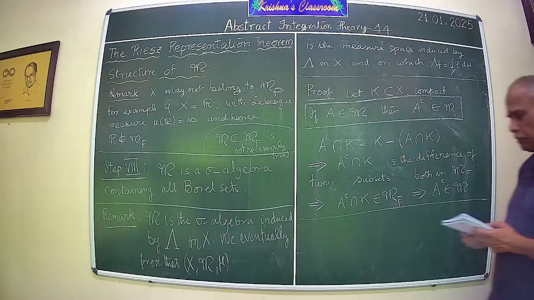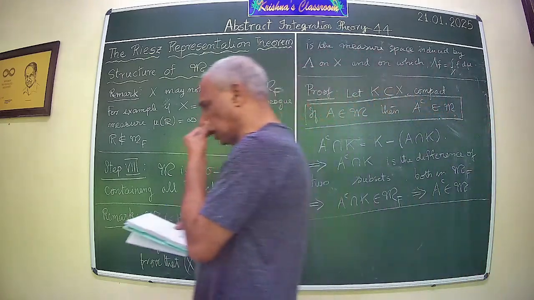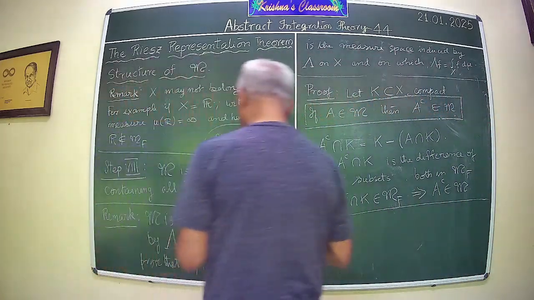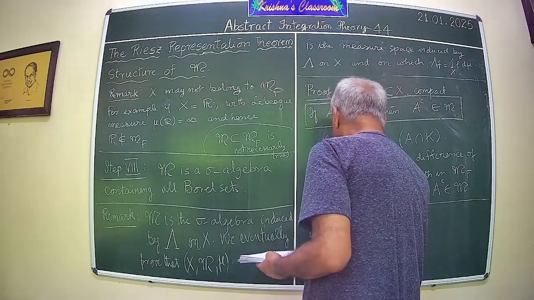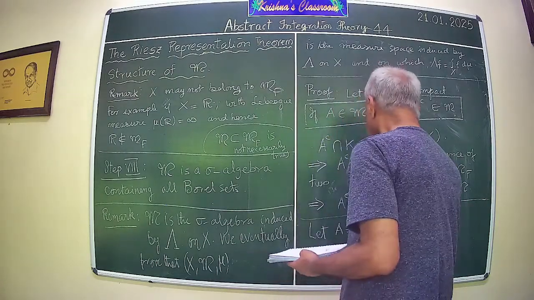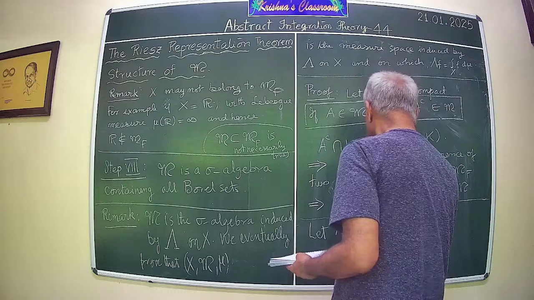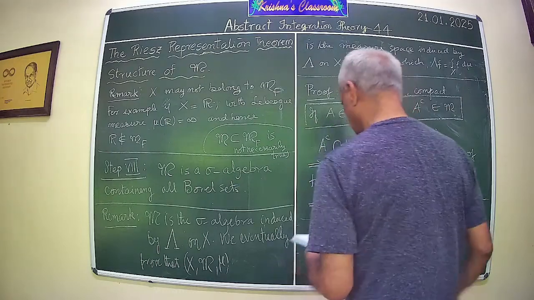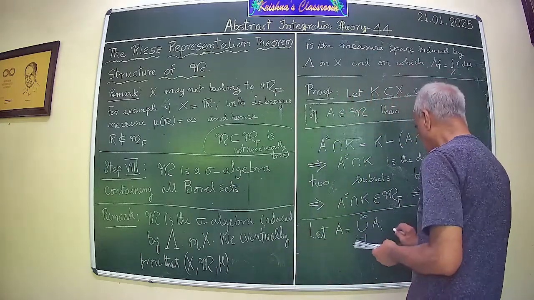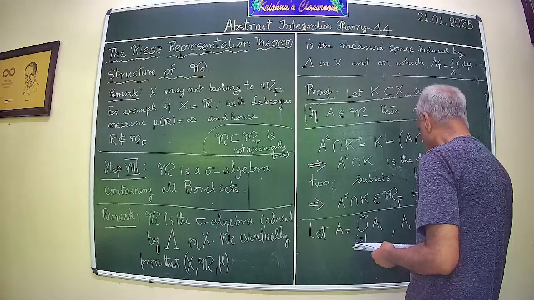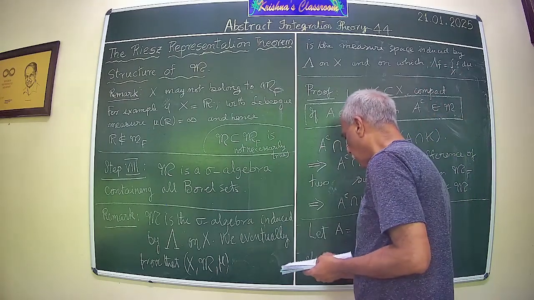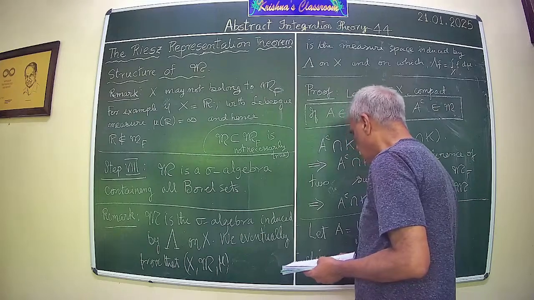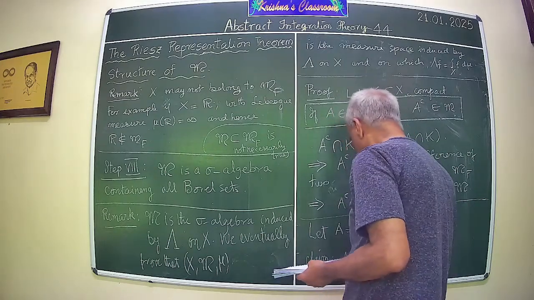The next part is we talk about the countable union. So let A_i be in M. We claim the union of A_i belongs to M.